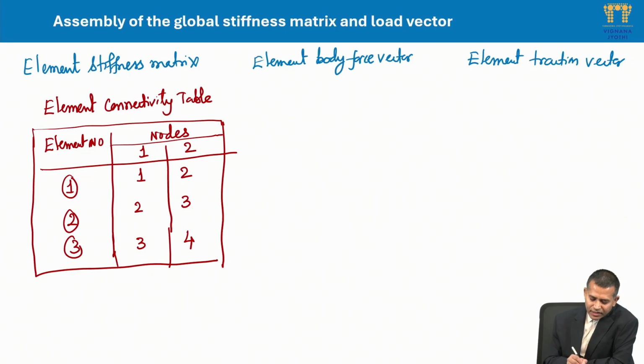So you will understand that in the first element you have only nodes 1 and 2, in the second you have nodes 2 and 3, and in the third you have nodes 3 and 4. So once you have this element connectivity table, then you can write the element stiffness matrix for element 1, element 2 and element 3.